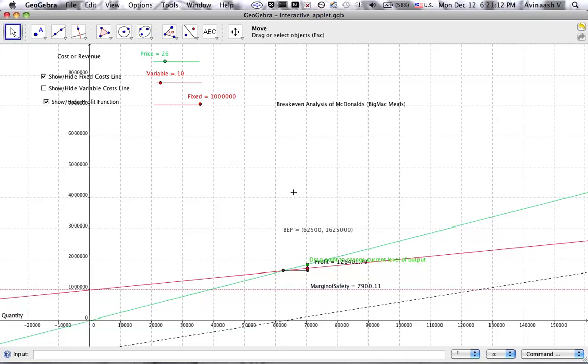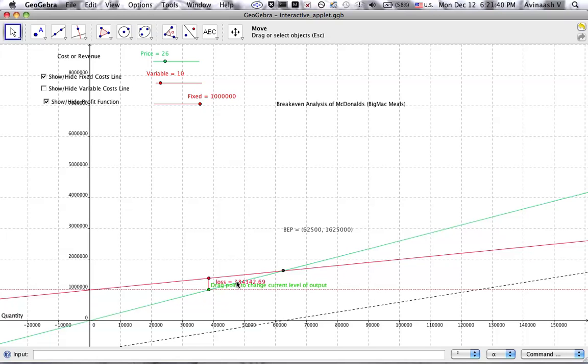Now to see the margin of safety, which you see here. The margin of safety exists as we see here. This line says 21,029, and as we drag down the current level of output, it becomes a loss. It's negative. What the margin of safety measures is the difference between the firm's current sales quantity and the quantity needed to break even.